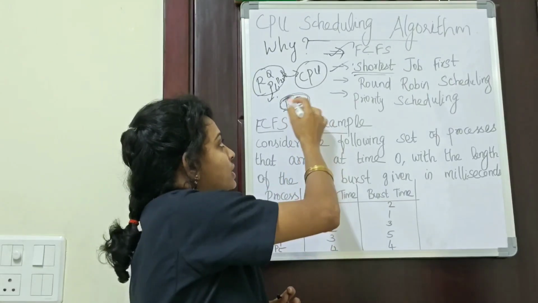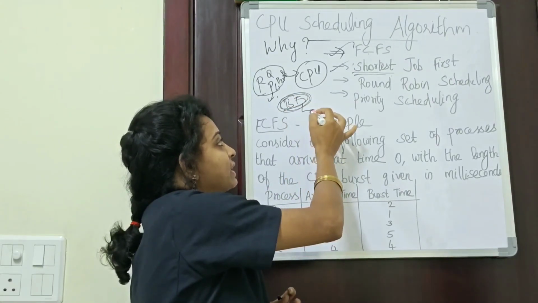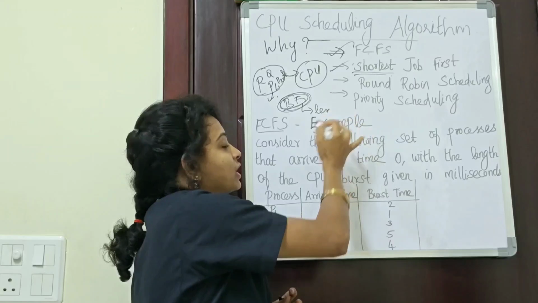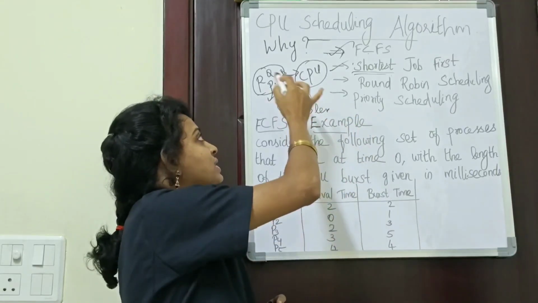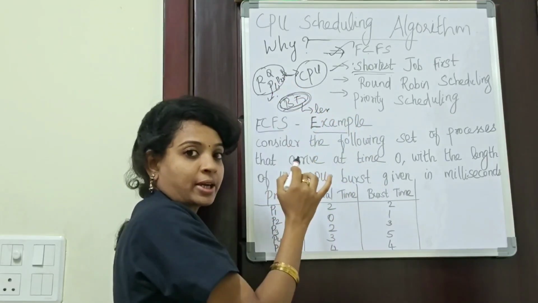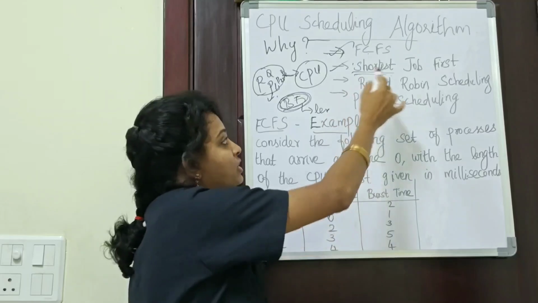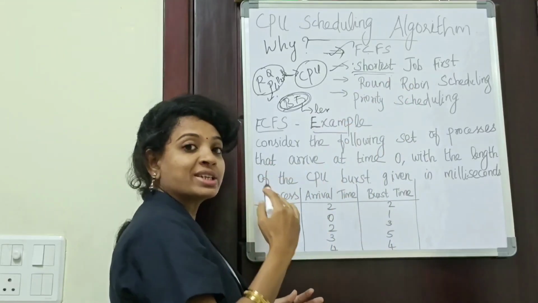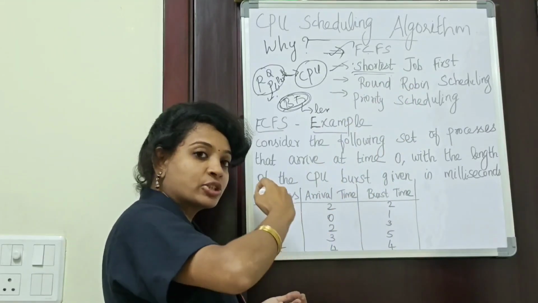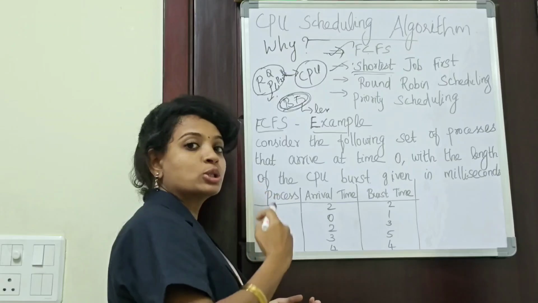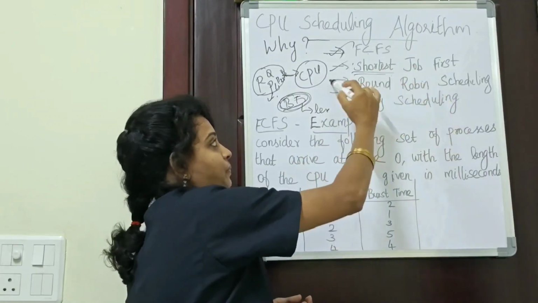Whatever process has a very small execution time will be executed first. So shortest job means the shortest execution time process will be executed first.